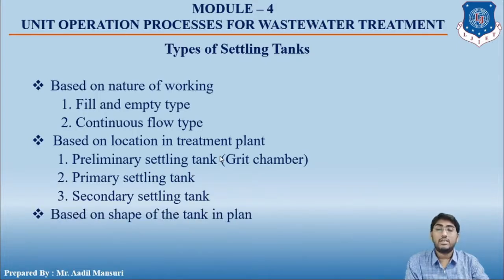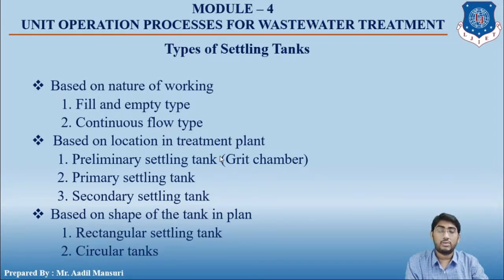Then based on shape of the tank in plan, first one is the rectangular tank and circular tank. Okay, so these are the different types of settling tank based on nature of working, location in treatment plant, and shape of the tank in the plan. Okay, let us move ahead.